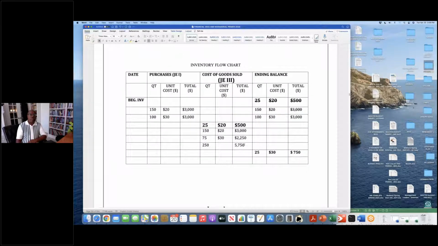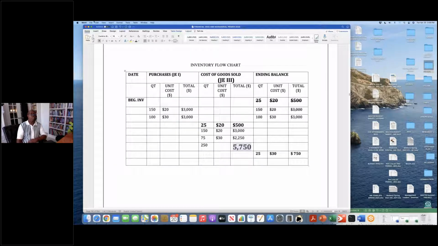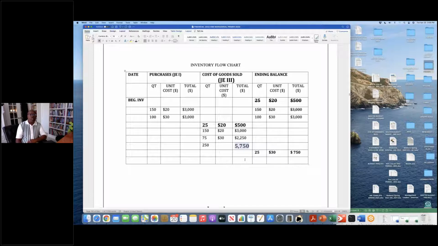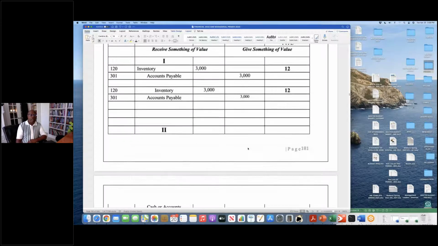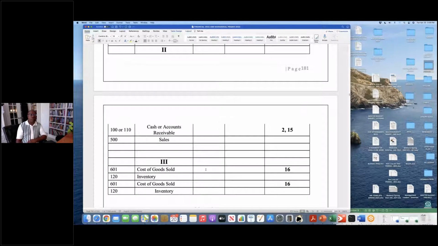We look at this number here. That's too big. So the 5750 goes in this journal entry.